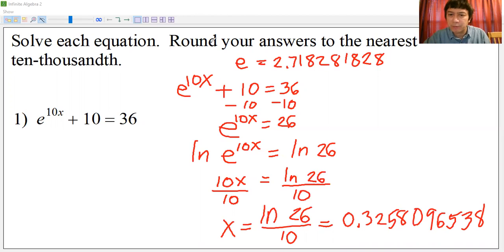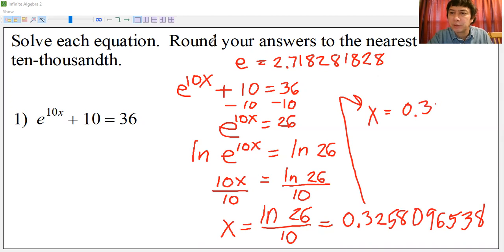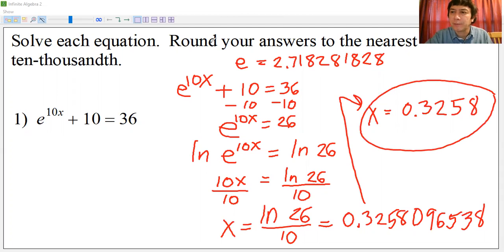So our final answer, x is equal to 0.3258. And so we can verify the answer, 0.3258, and we're correct. Let's continue the discussion in the second question.